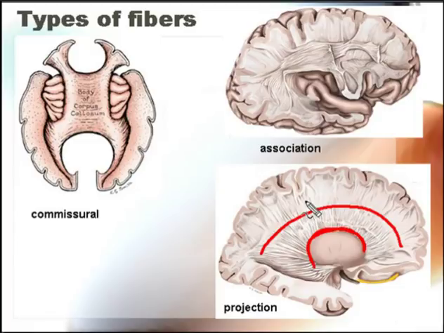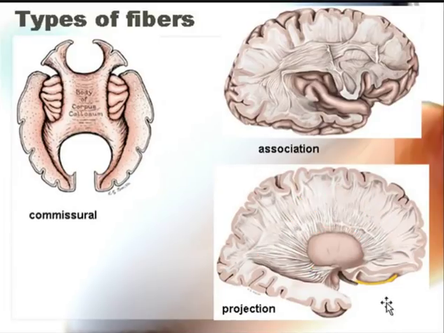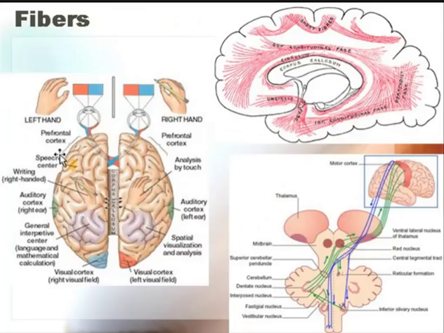Let's now look at the next slide, which shows us some of these fibers. So, here you can see the corpus callosum, and it is connecting the two cerebral hemispheres. The functional areas of the two cerebral hemispheres are connected to the same functional area, so occipital with occipital.